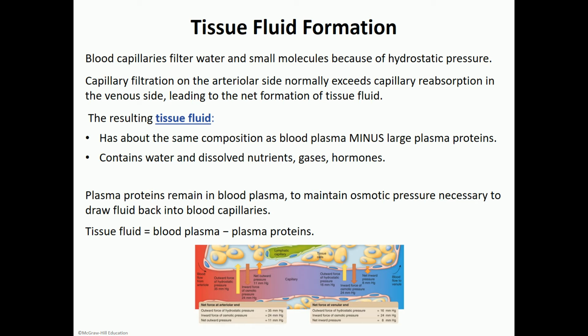The plasma proteins that remain behind inside of the capillary maintain that osmotic pressure in order to help in the reabsorption that occurs on the venous end. So again, your tissue fluid is basically blood plasma minus the plasma proteins.